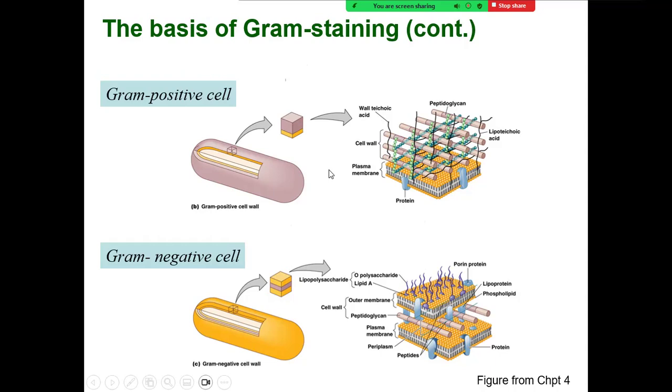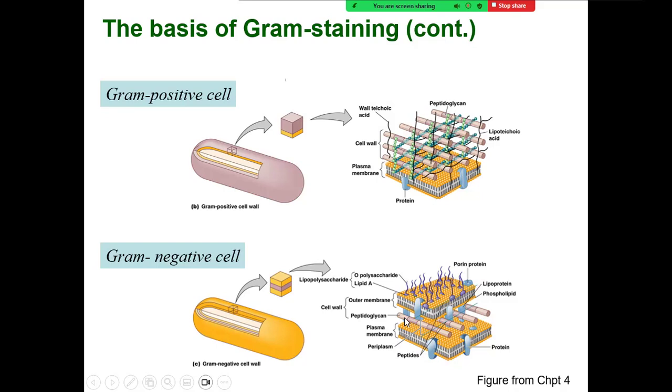The gram-negative cell, on the other hand, has a thin yellow layer here, a thin purple layer there, and then a thin yellow layer there. That thin yellow layer on the lower side, once again, is the cell membrane, the lipid bilayer of the cell membrane. The thin layer is peptidoglycan, which is shown as only one layer.